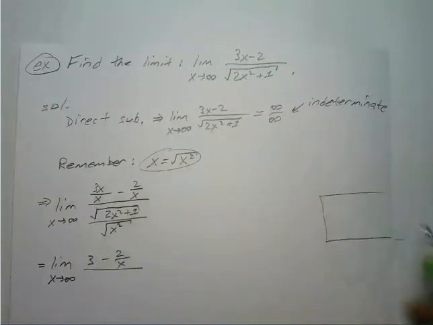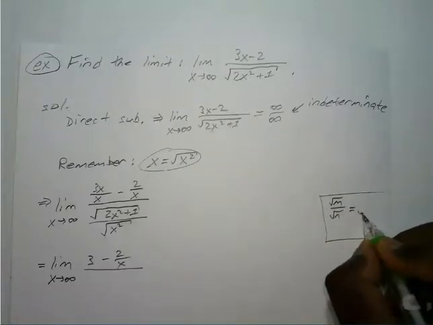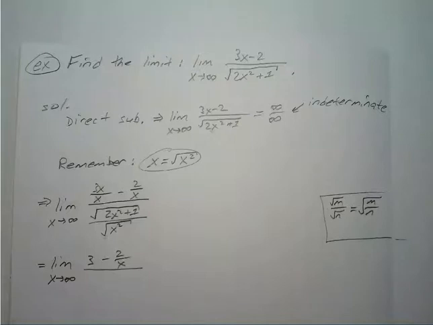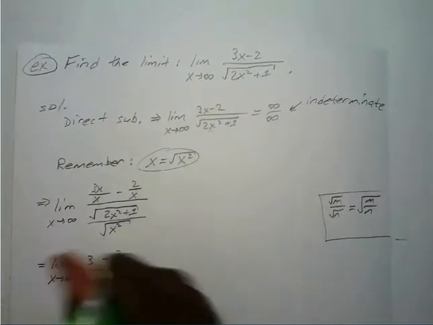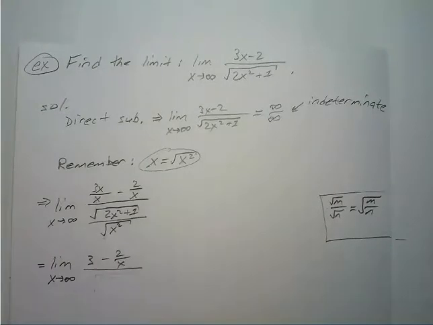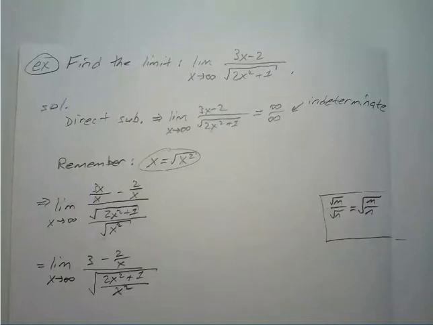So if you have the square root of m over the square root of n, you can just make that the square root of m over n. So we're just going to put those under one big square root. So that's the square root of 2x squared plus 1 over x squared. Nice and neat, all under 1.